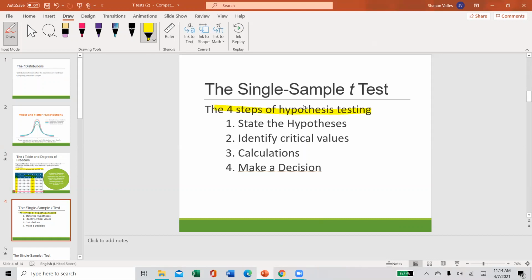Some textbooks that you might run into in the future might have 7 steps, and anywhere between 4 and 7 is typically what I see. It just varies. It'll depend on your professor at the time, what they want you to do. I do the 4 steps because I think it's enough and it works, and it gets the basics down. Some of the other stuff is just a little tedious and maybe not exactly necessary.